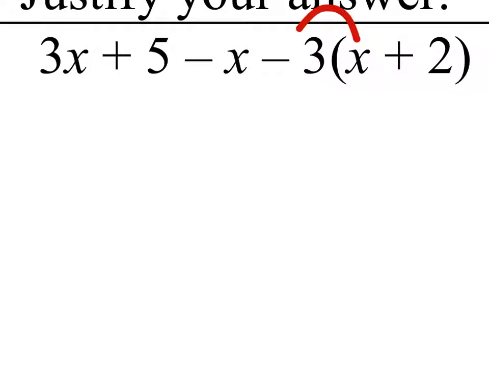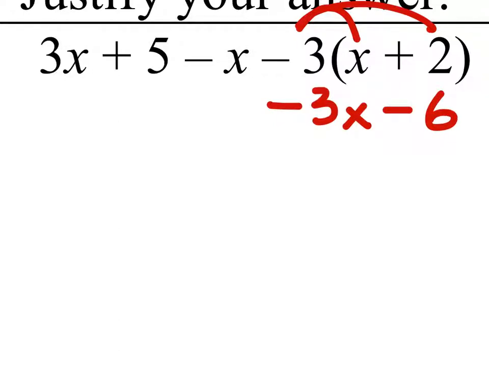So negative 3 times x would be a negative 3x. And then the negative 3 times 2 is a negative 6. This changes a lot for most of you because you were distributing only the 3, forgetting that it must take the operation immediately to its left, plus or minus. So that is technically a negative 3. The rest we didn't touch yet.